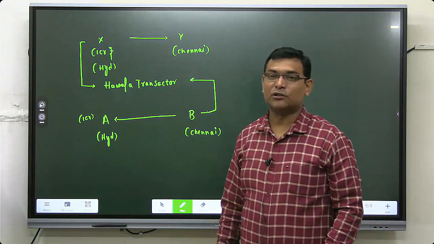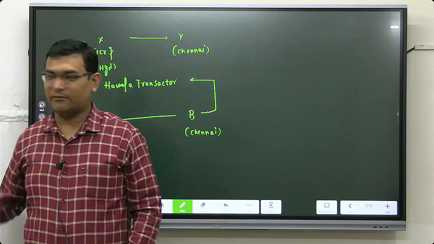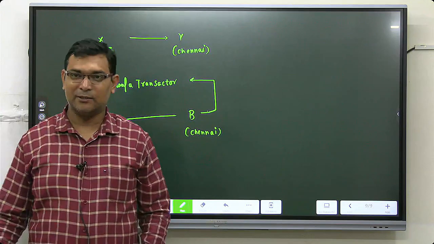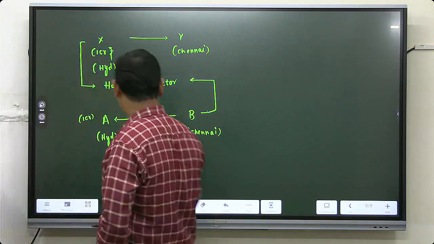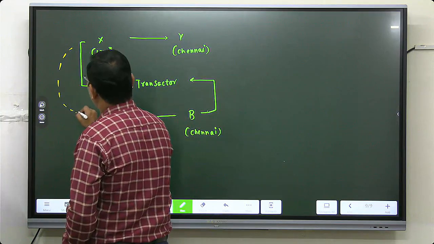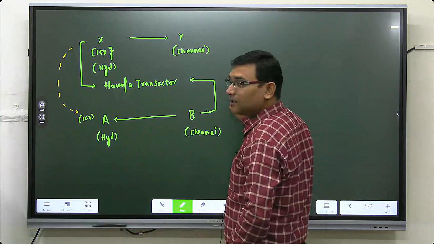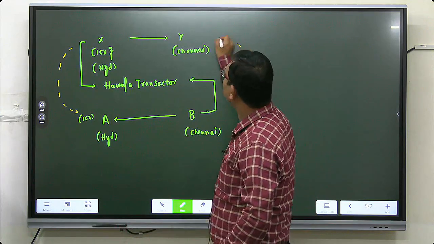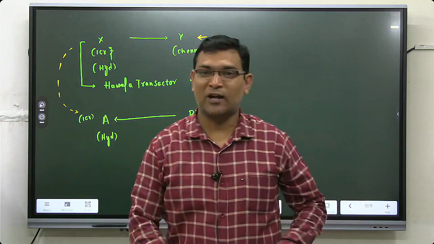X will say, "Dilwale Dulhania." A will say, "Le Jayenge." Okay, correct, so you are the person. Take this 1 crore. So 1 crore will be transferred from X to A. Or B will meet Y in Chennai. Over. This is called hawala transactions.